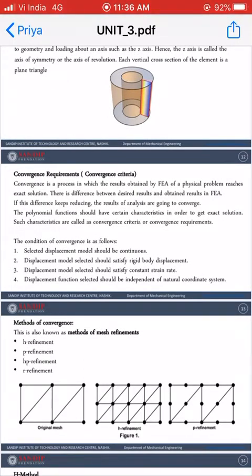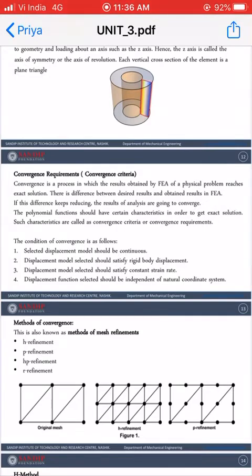The selected displacement function should follow some conditions. First, it should be continuous. Then it should satisfy the rigid body condition or rigid body displacement. Third, it should satisfy the constant strain rate, and the last one is, it should be independent of the natural coordinate system.